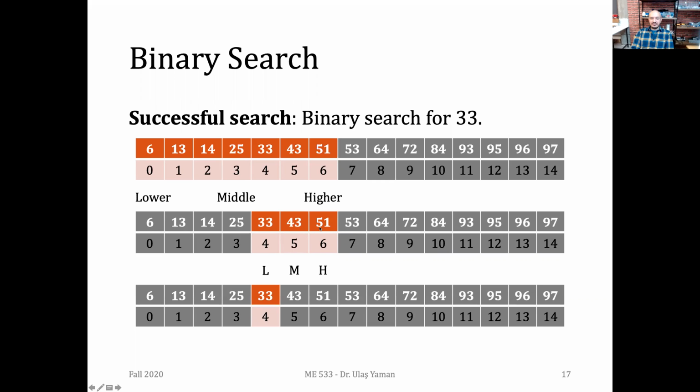I do another division into two halves. And lastly, I see that this time the lower part and the higher part are exactly the same. So I can say that now the value is found, and I can simply return index 4 as the output of my function or implementation.